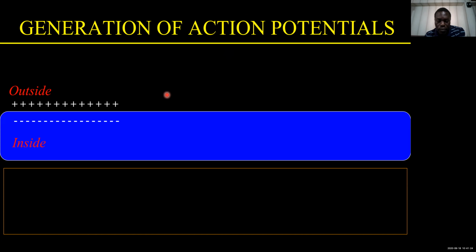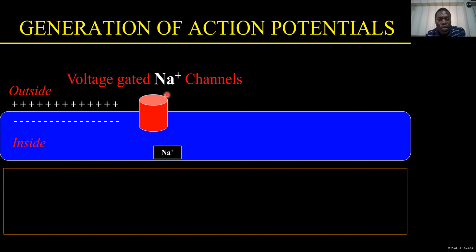Now, we have sodium, and we know that sodium is more outside the cell than inside the cell. We also know that we have what we call voltage-gated sodium channels.